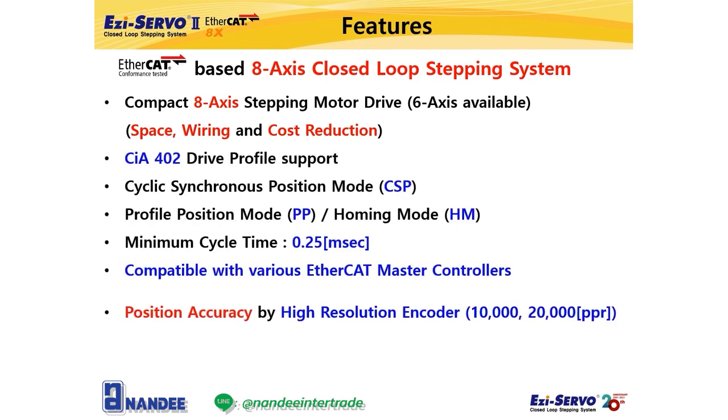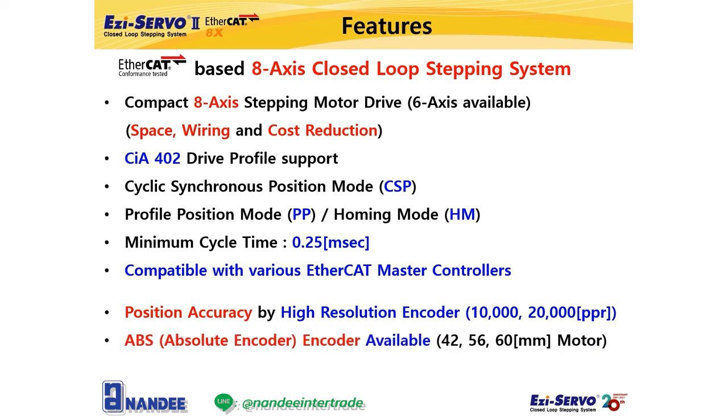Rest of the features are the same as the features of Easy Servo 2 EtherCAT 4X, except for one thing. The one distinguishing feature is that Easy Servo 2 EtherCAT 8X supports the batteryless absolute encoder type motors. The batteryless absolute encoder can be applied from 42 mm to 60 mm size motors.